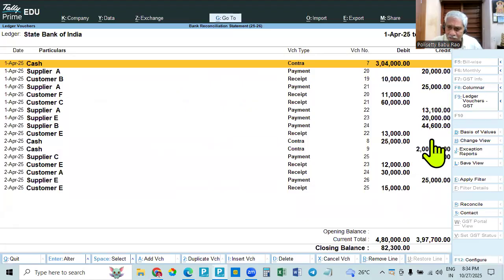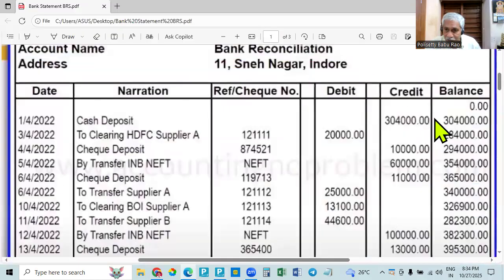Similarly, when you make payments, that is withdrawals, when you issue a check, you make the entry for the payment immediately, so our balance will be updated. But the bank has to debit our account, and our account will be debited only when the party to whom we issued the check deposits it in their bank and collects from our bank.